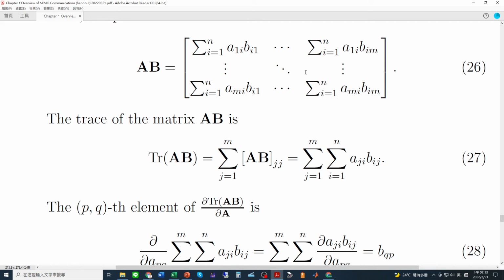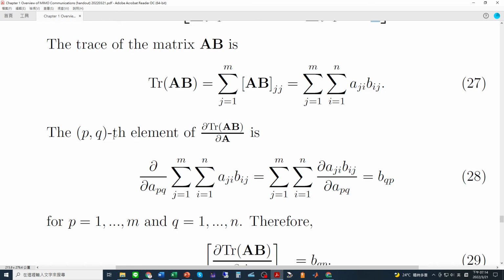So we can write this as Aji times Bij, where i is equal to 1 to n, because this i is from 1 to n and here is also i from 1 to n, and finally the outer summation is the summation j equals 1 to m, because here is the j and here is the j. So j begins from 1, and finally j is equal to m. Okay, here and here.